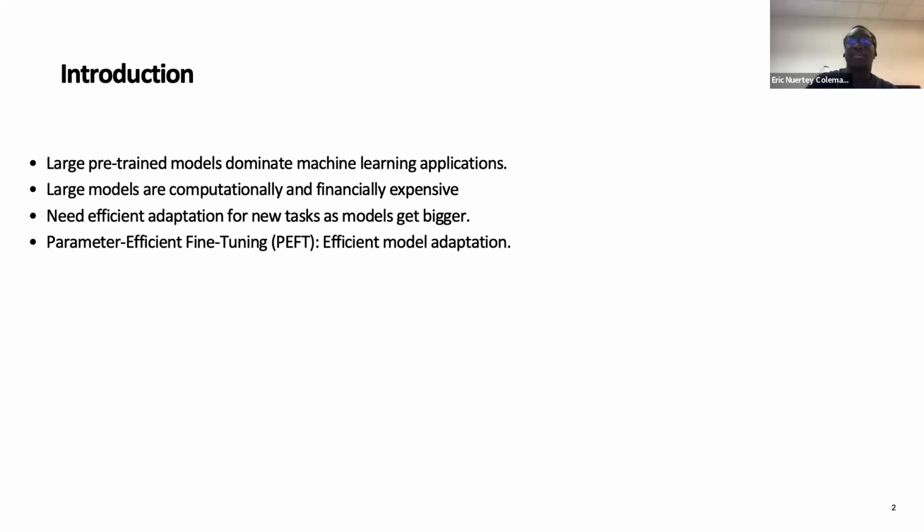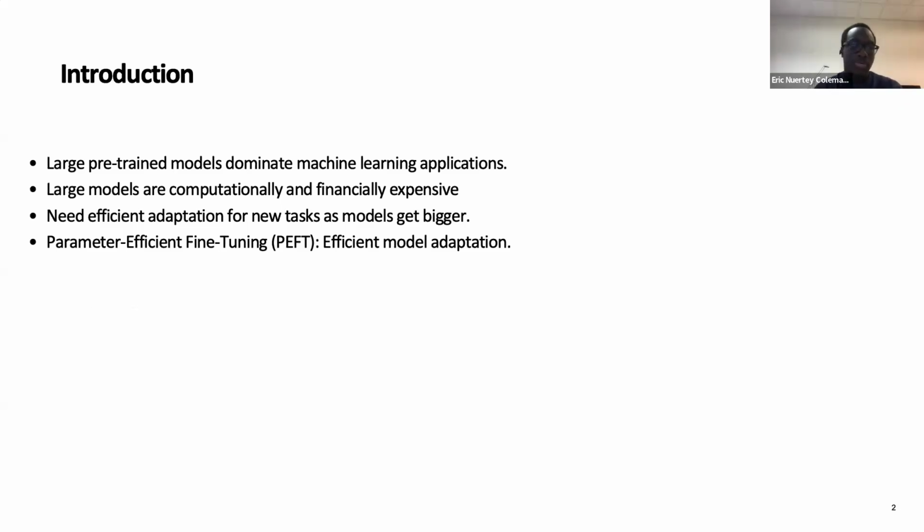So the basic idea behind this is the use of these large pre-trained models. Out of the box, these models are usually pretty good in terms of performance on several generic tasks.